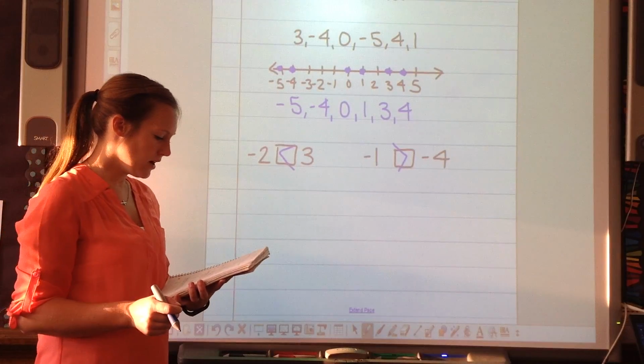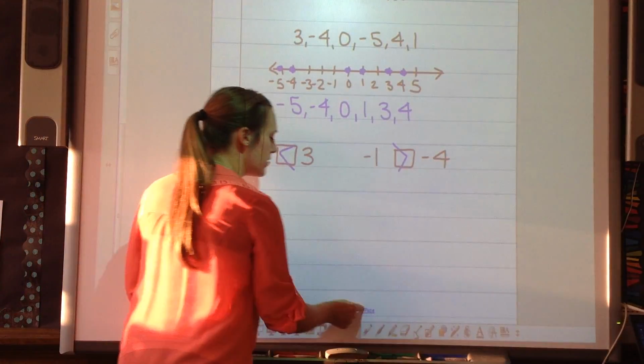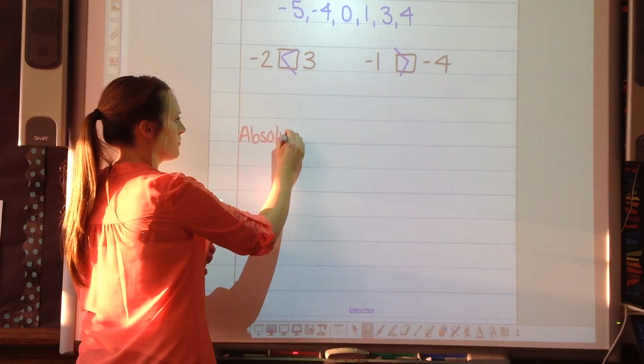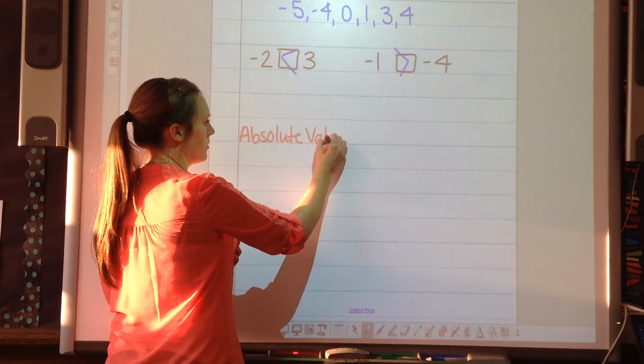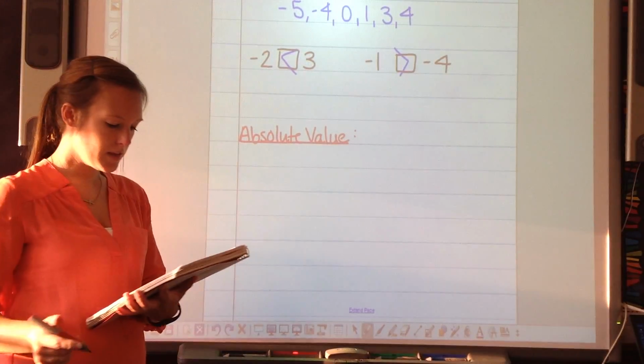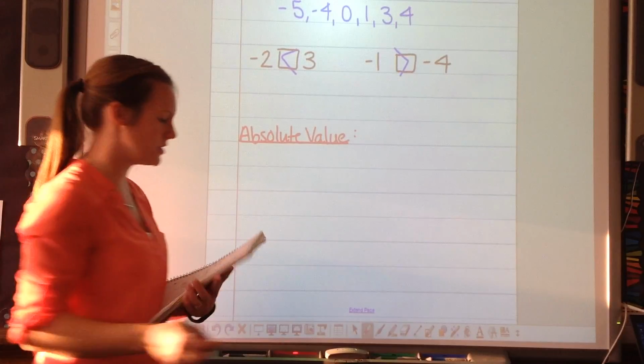Okay, so let's talk about absolute value. Absolute value is the distance away from 0 on a number line.